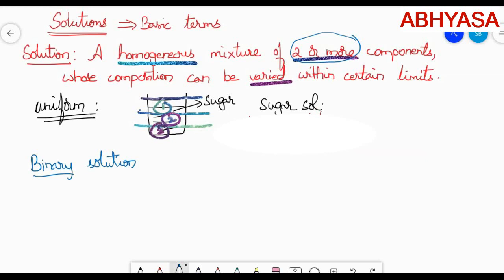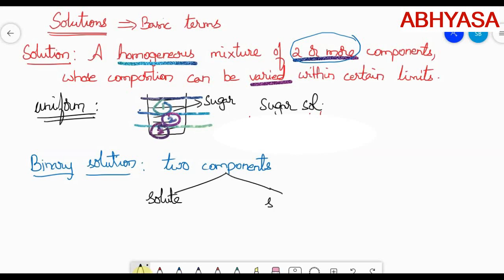What is binary solution? Binary means two, isn't it? The solution which contains only two components is called a binary solution. And what are those two components? One of the components is solute, and the second component is called the solvent. So what is solute and what is solvent?